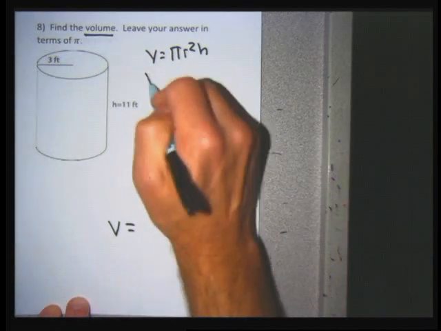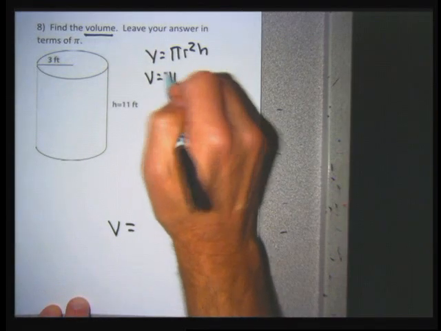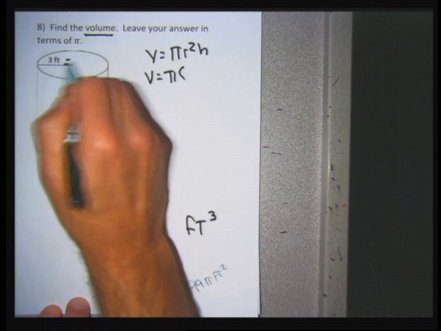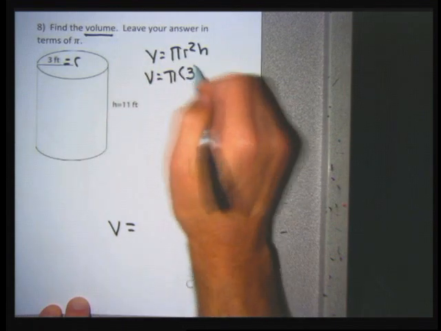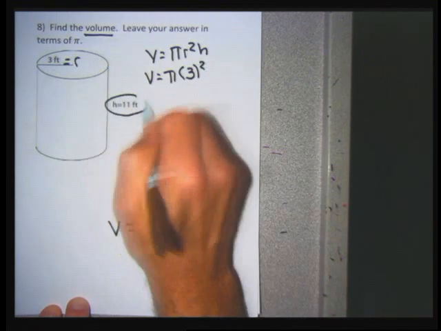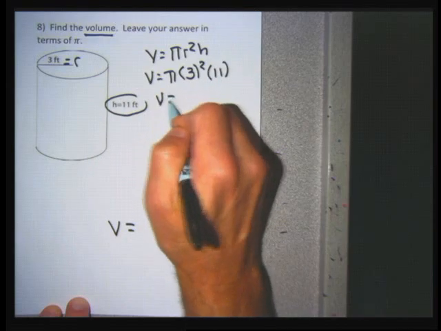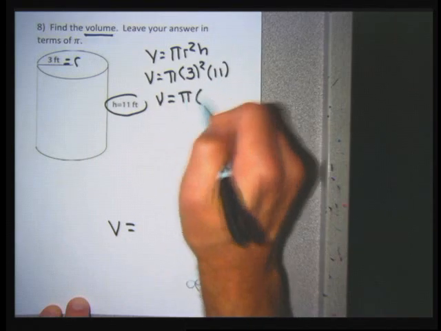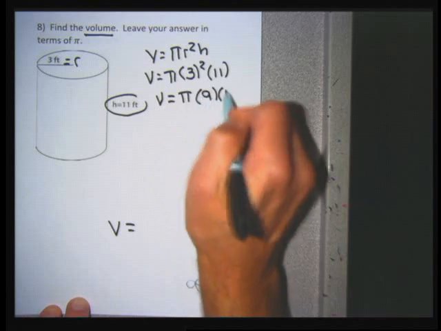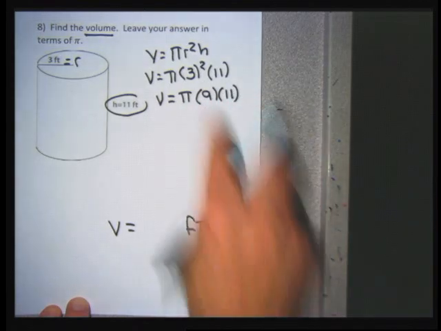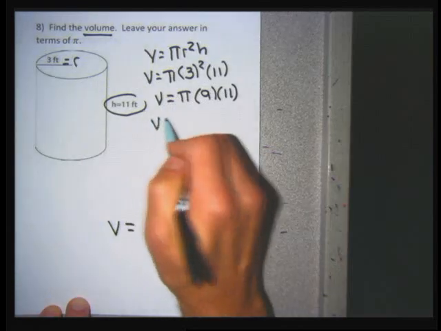I'm going to put V equals, I'm going to leave the pi. The r is the 3 feet, so I'm going to get 3 squared. And the height is the 11 feet. So volume equals pi. Do exponents first. 3 squared is 9 times 11, and 9 times 11 is 99.